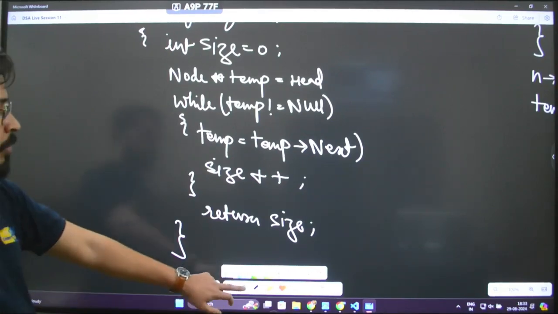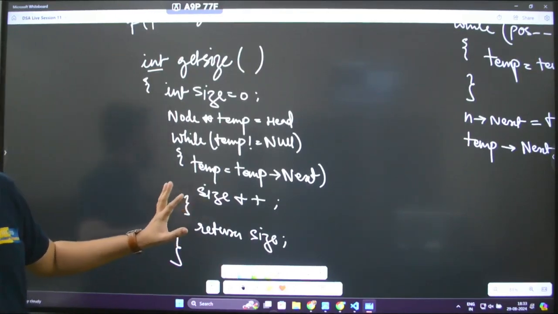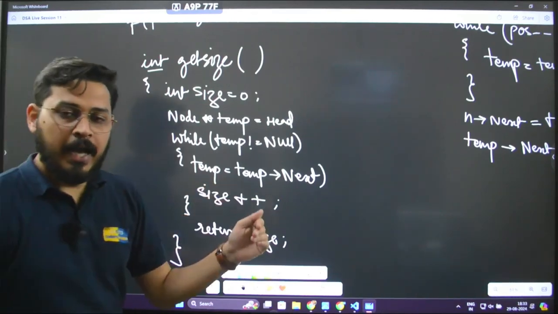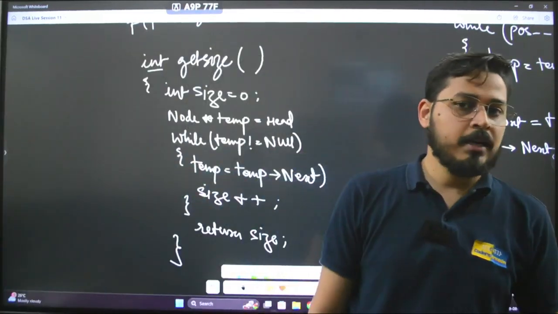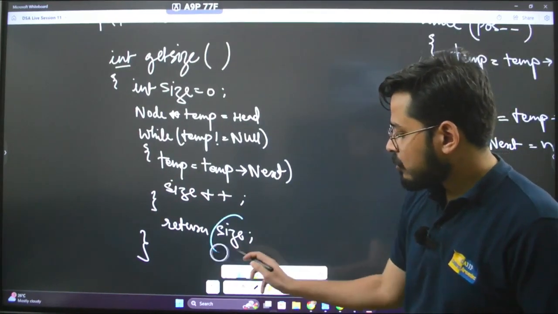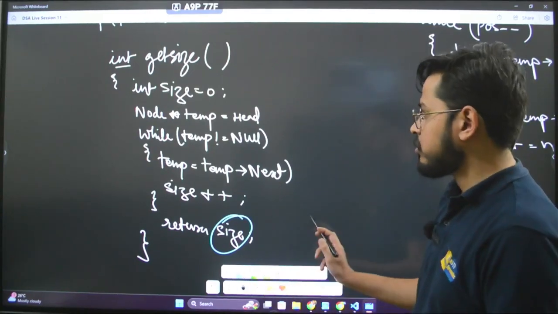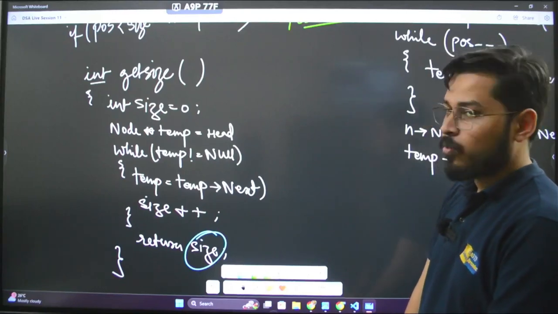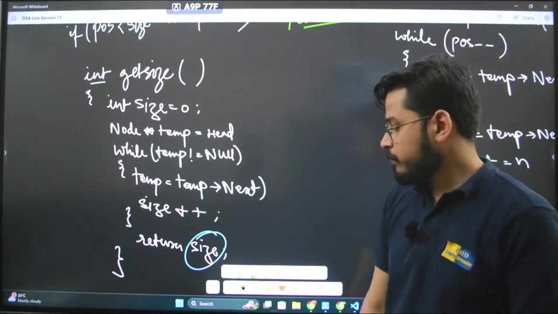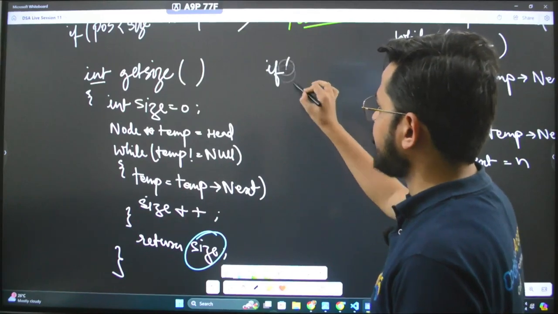Okay. So, ladies and gentlemen, this code will give us the length of the linked list, and once we have the size of this linked list, what are we going to do? We are going to use this to write some if else conditions.